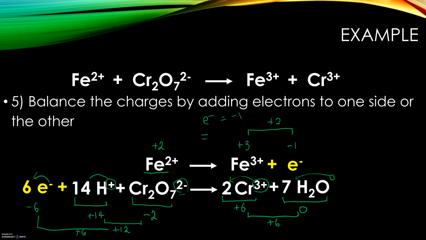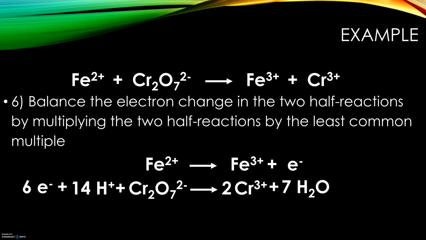That is step 5, guys. Step 6, we are now going to balance out the electron change for each half reaction. Now notice we have only 1 electron here. We have 6 electrons. We want the same number. And in order to do that, all we need to do is multiply the top oxidation reaction by a factor of 6.